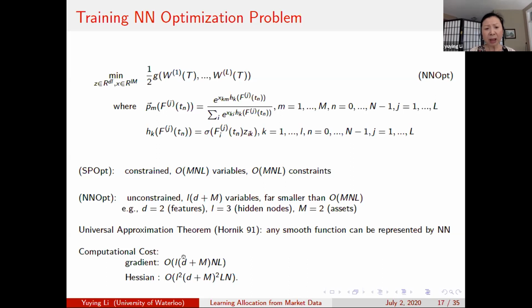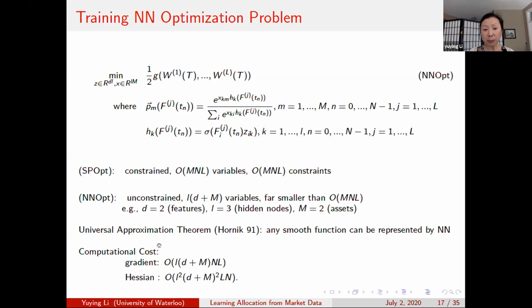And if I solve this small optimization problem, I will need to evaluate the objective function, compute the gradient, and compute the Hessian of the objective function if I want to. This computation is feasible because the neural network is so simple, right?